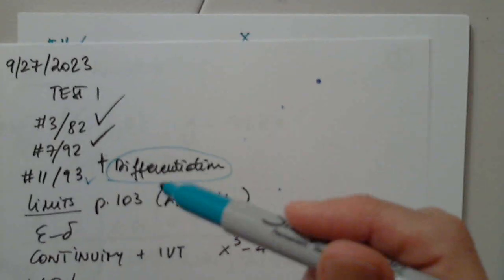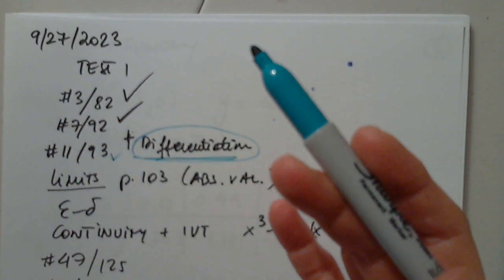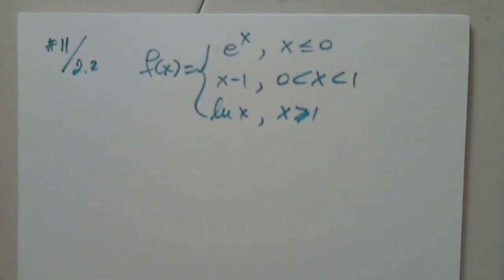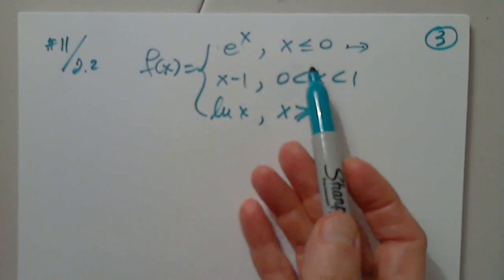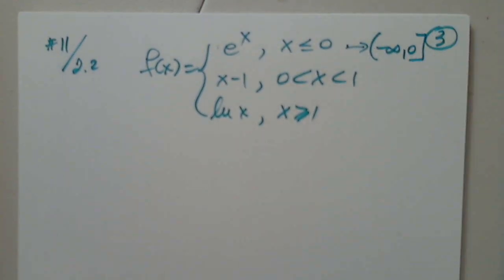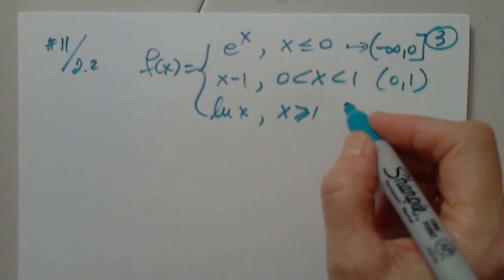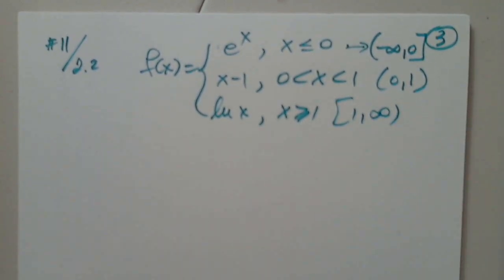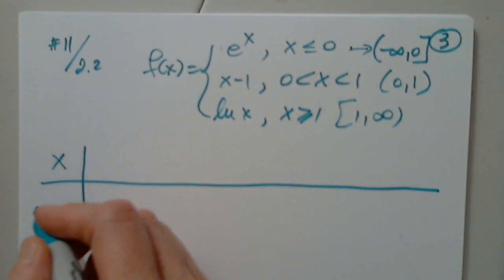So I will graph this one, but when it comes to differentiation, I have to change the function. Sorry about that. Good. So please remember the first, page 3. Please remember to present this as negative infinity to 0, to present this as 0 to 1, and to present this as 1 to infinity. And then start the table. Please, please, please.